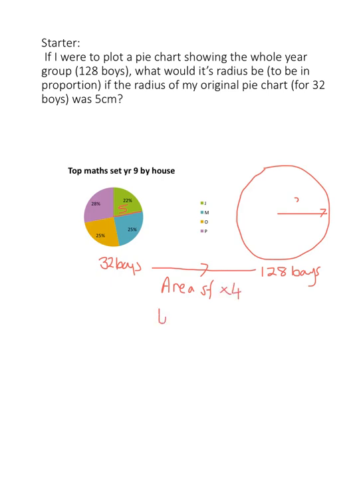So my linear scale factor, because we need to work out what the radius is, if you like, 4 is 2 squared. So my linear scale factor is going to be the square root of 4, which is 2. So my radius, therefore, 5 times 2 will give me 10. So the radius in my larger pie chart, representing 128 boys, is going to be 10 centimetres.